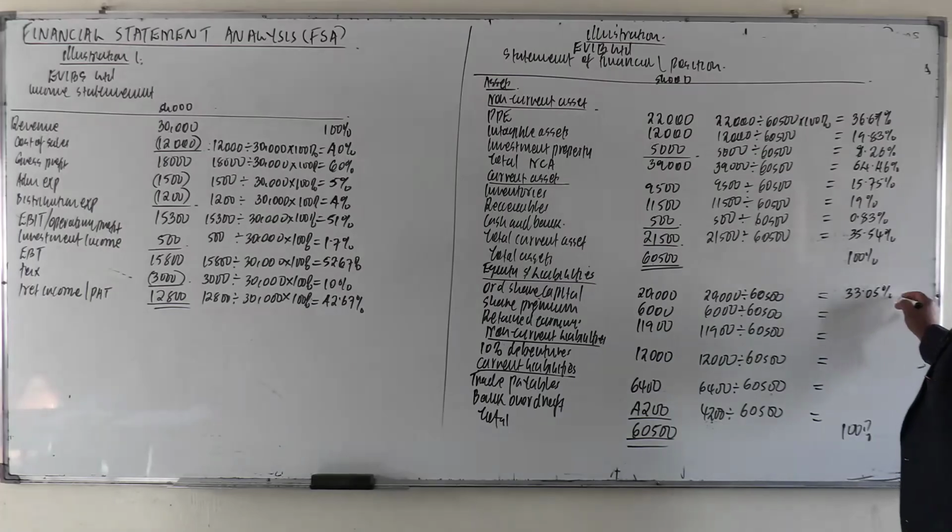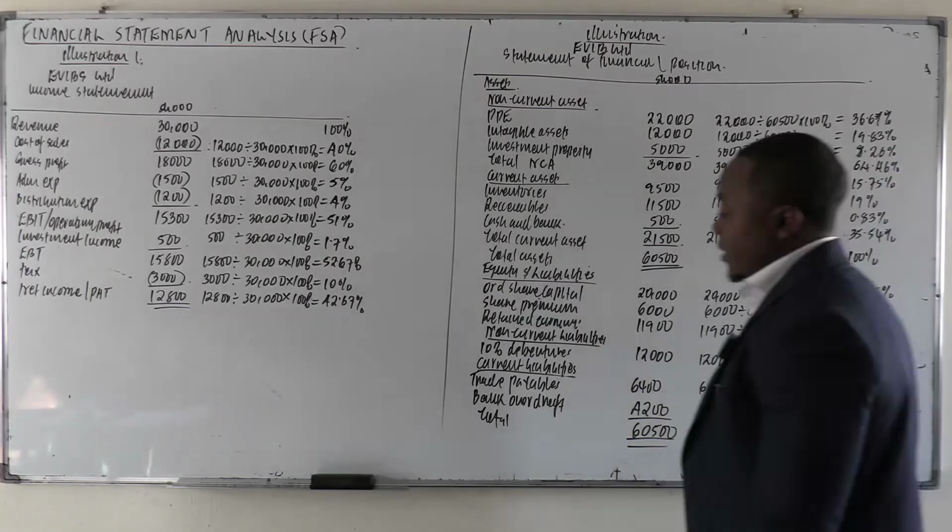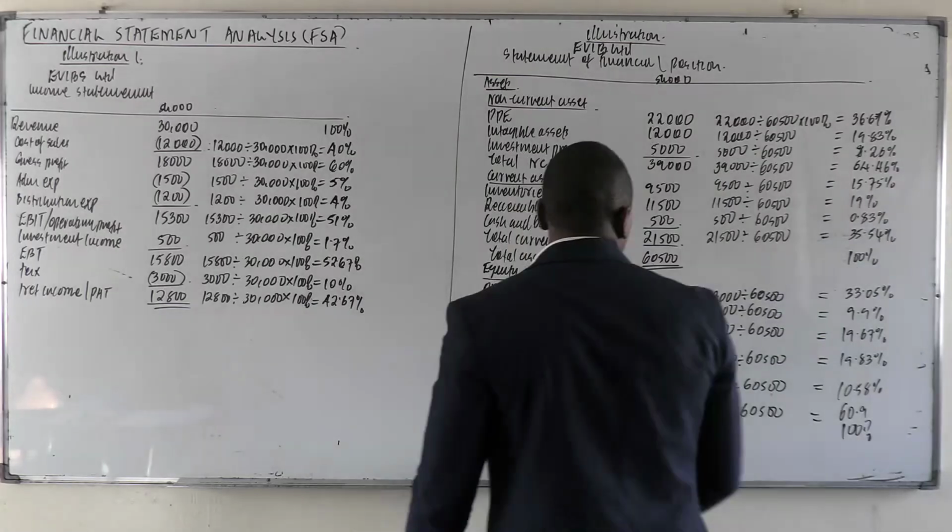3.05%, 9.9%, 19.67%, 19.83%, 10.58%, 60.60. You compute, don't read.